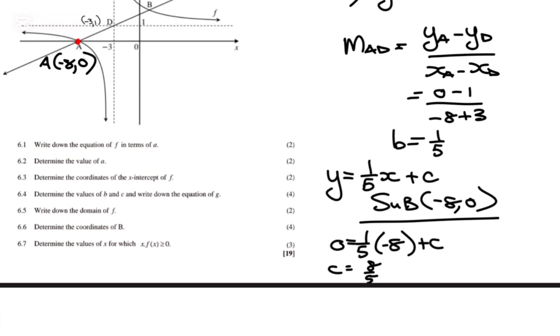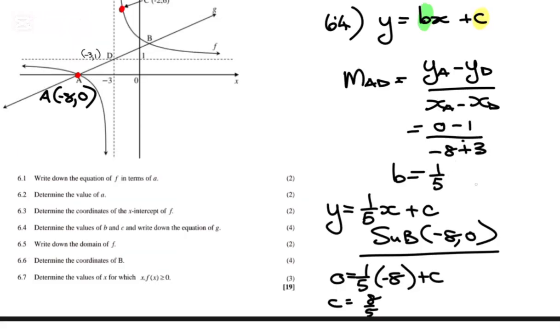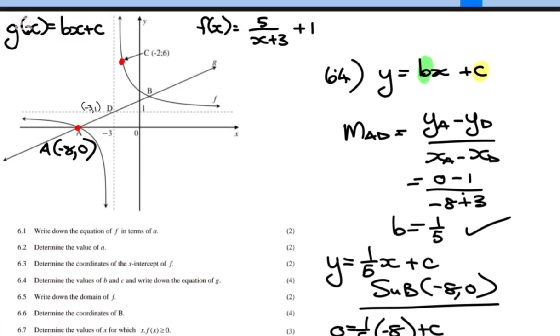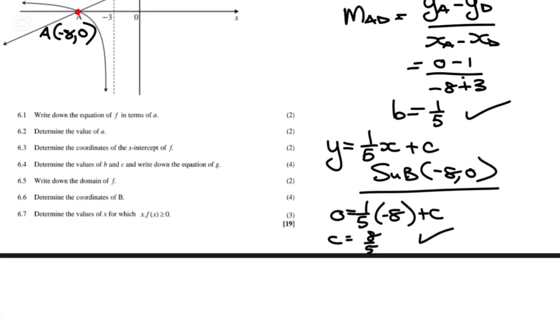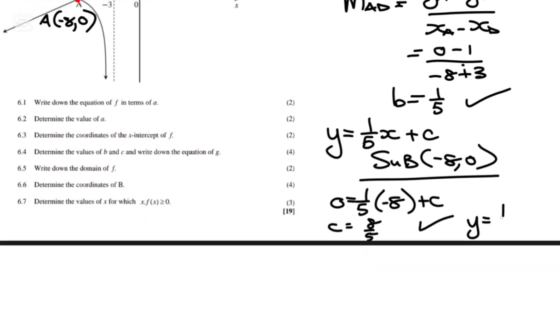So in fact, what was the question? Determine the values of b and c. So we actually found the values. That's the b value and that's the c value. They didn't ask for the equation. Oh no, they say write down the equation. I can see it. So basically we're just going to rewrite this equation. Let's just do it on this side. y equals a fifth x plus 8 over 5.